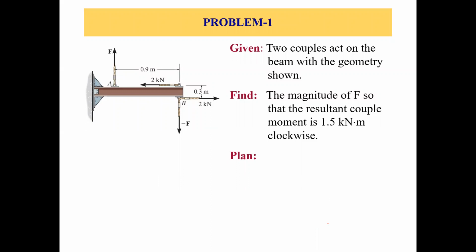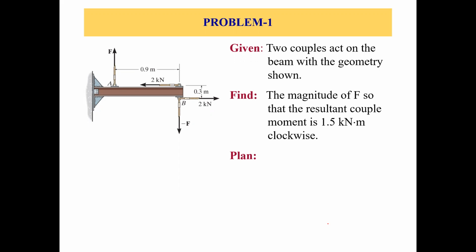What is given? Two couples act on the beam with the geometry as shown. On the left side of the screen, you can see this fixed beam with 4 forces acting on it in different directions. If you take a closer look at these forces and their directions, you can make out that there are two couples.